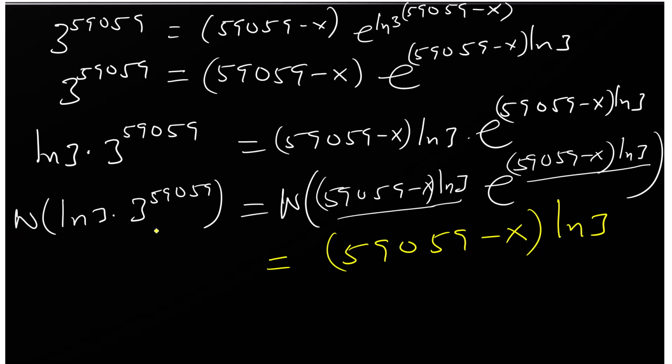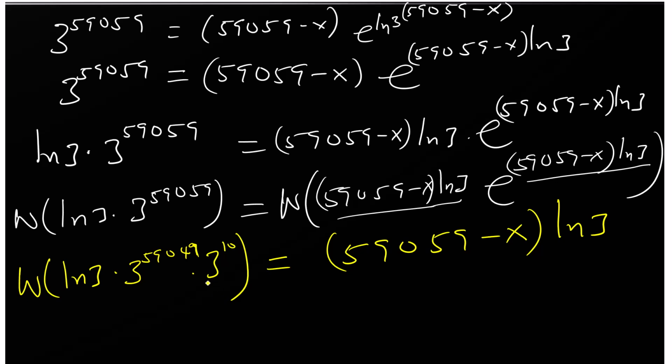Now let's adjust this so that we get something like alpha e raised to alpha. Okay, all right, now we can say that ln of 3 times, we want to write this one as 3 to the power 59049 times 3 to the power 10. Now if I perform this here, this side will still be 59059. So I've done nothing.